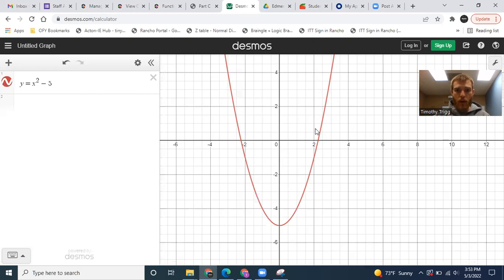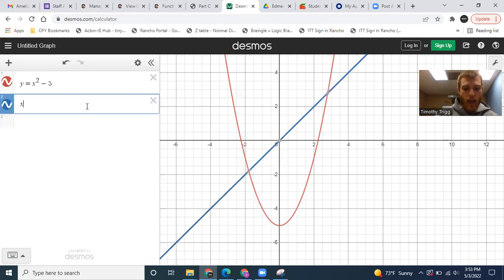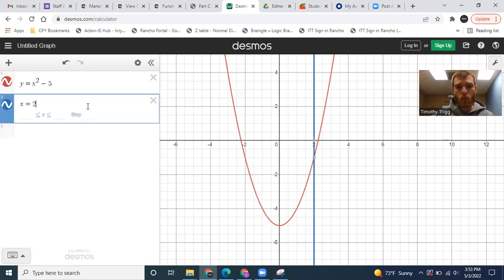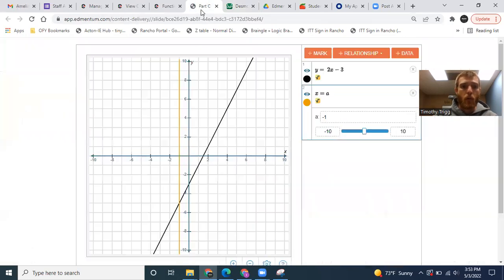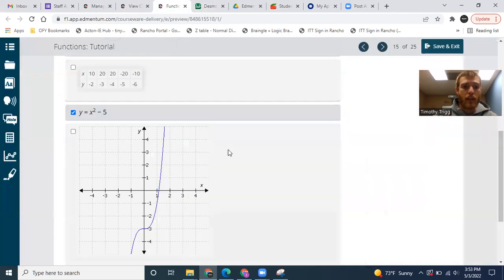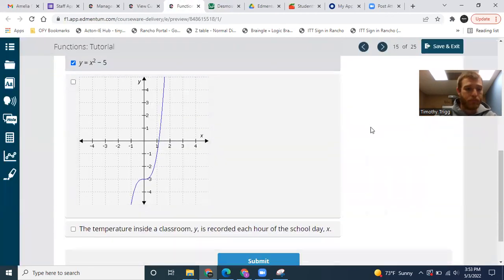If I put a vertical line right here, let's say at x equals 2, notice this blue line is only touching the red line in one location. And no matter where I put this blue line, it only touches the red graph in one location each. So therefore, this one does pass the vertical line test, and it is a function.